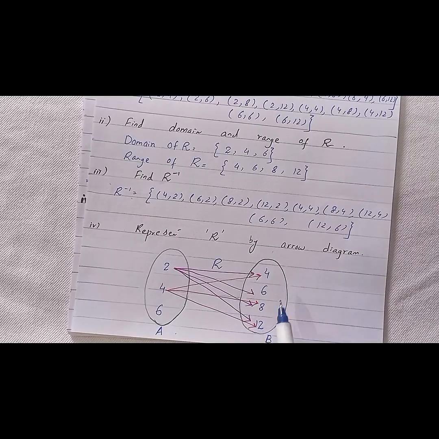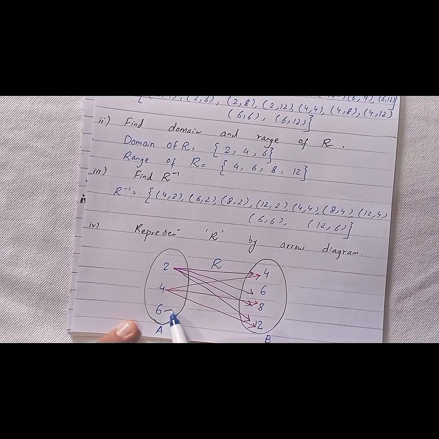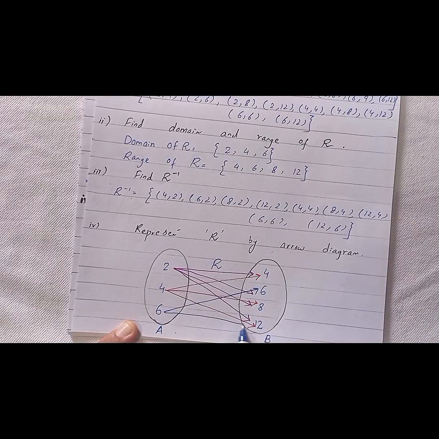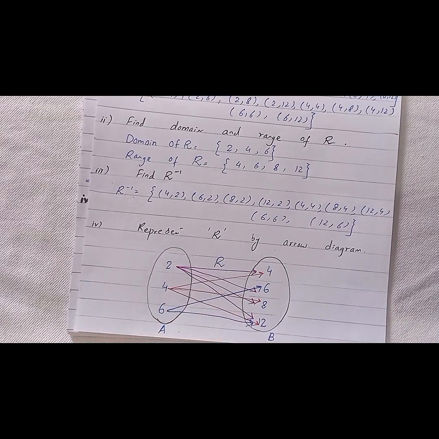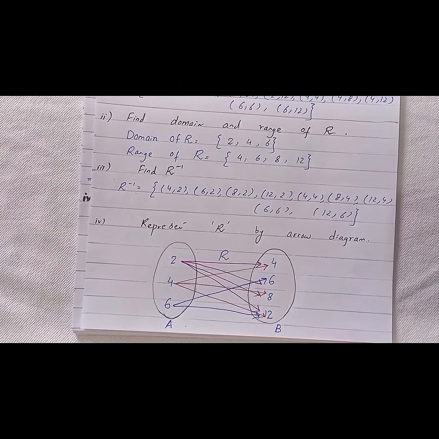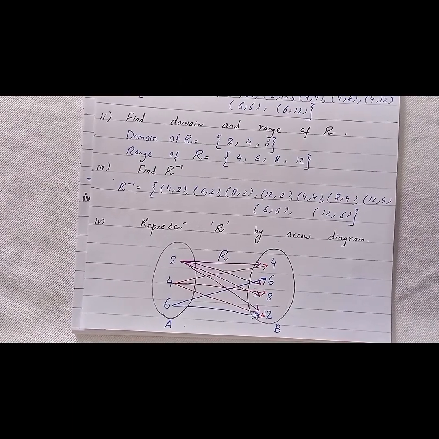Now 6 is a factor of 6, and 6 is a factor of 12. So this is the arrow representation of set R.